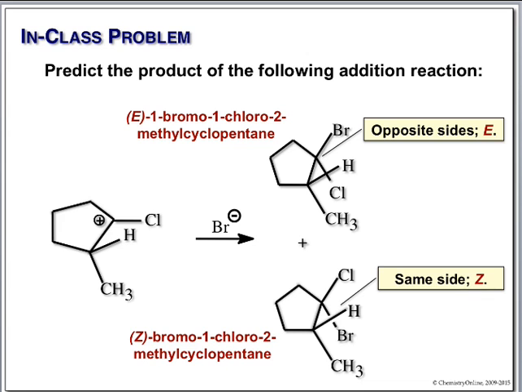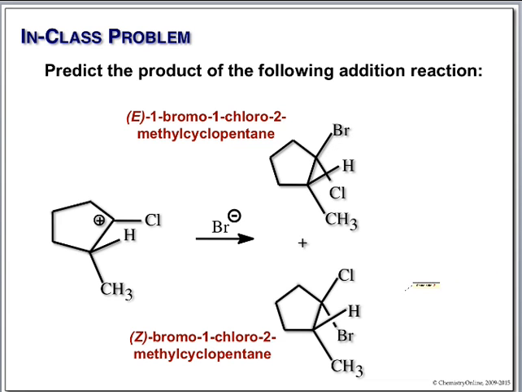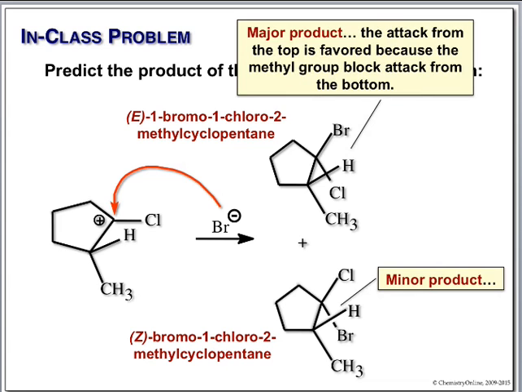But bromine, which is big, could either come in from the top, like this, or it could come in from the bottom. If it comes in from the bottom, this methyl group is in the way, isn't it? Kind of sticking out there like a little softball or something. Therefore, this is the preferred path, and this is the major product.